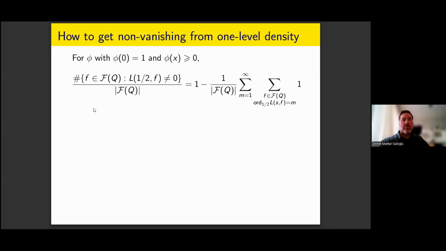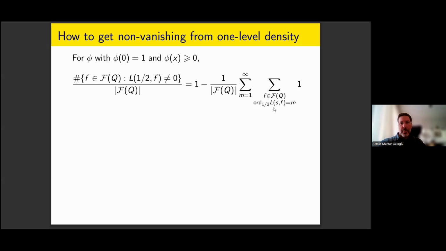Okay, so basically from the whole family, from 100%, you subtract this guy where the order of vanishing is greater than or equal to one, at least one. So at least you have a zero of order one.